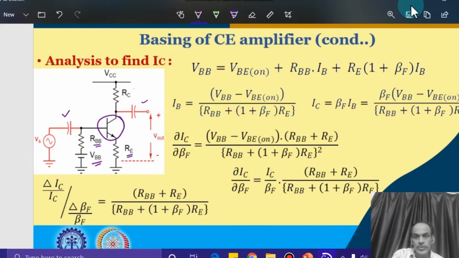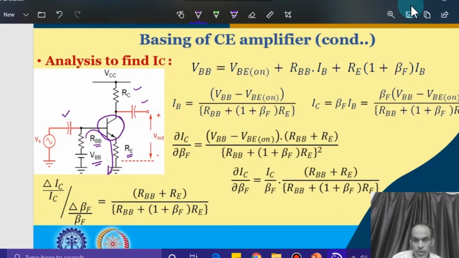Also, of course, we have the resistor at the collector terminal. Now if we want to know the DC operating point stability for this circuit, we can concentrate on the DC part, ignoring the signal part.